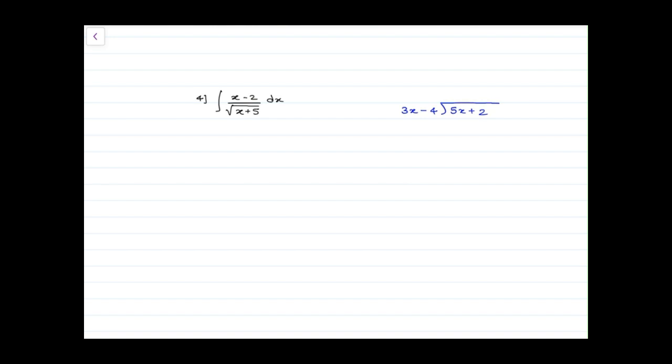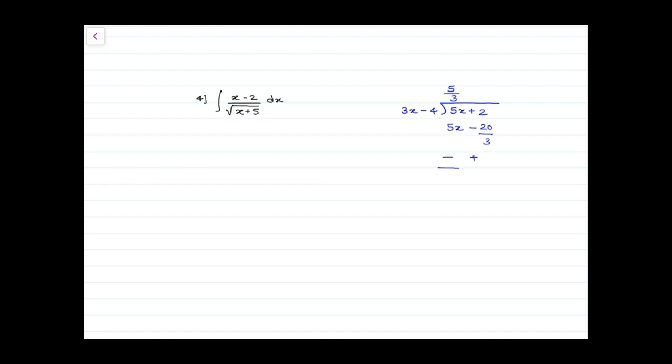So what we can do, we can make it as 5x, how? By multiplying it with 5 and dividing it with 3. So if I multiply 3x with 5 upon 3, I will get 5x. And if multiply with 4, we will get minus 20 by 3.